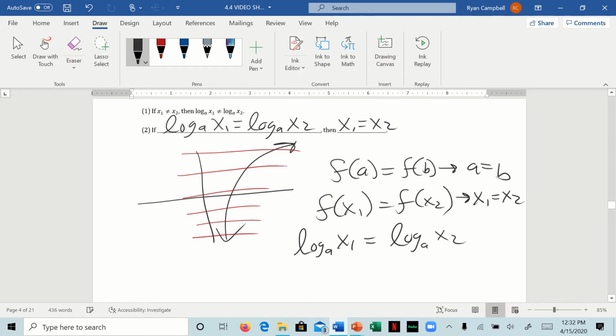So now, instead of a base to a power equals the base to the same power, we're going to try to get a log with a base equals a log with the same base.